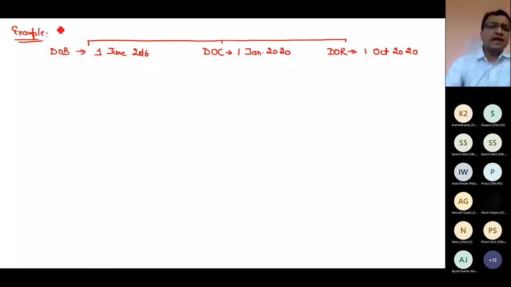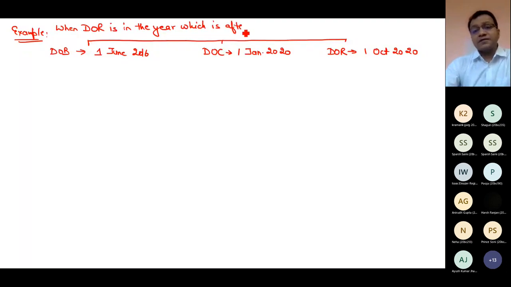So technically, which example did I discuss? When date of repayment is in the year which is after the year in which the construction was completed.